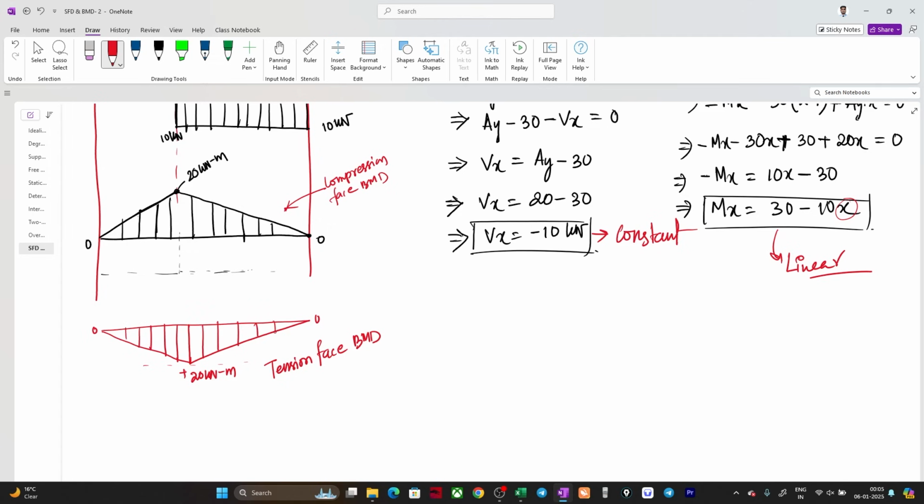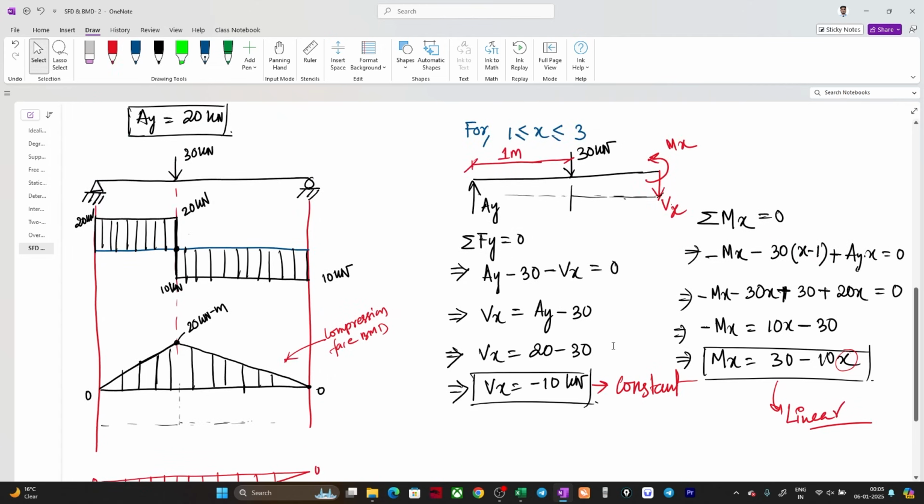Okay, clear? So now in this case what we understood is that with the change of loading pattern, the expression for drawing the SFD and BMD also changes. That means the pattern of SFD and BMD also changes. We will do many such examples in our further lectures, and we'll try to understand more about this, which is very important.